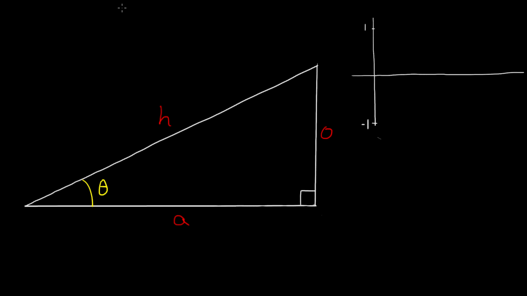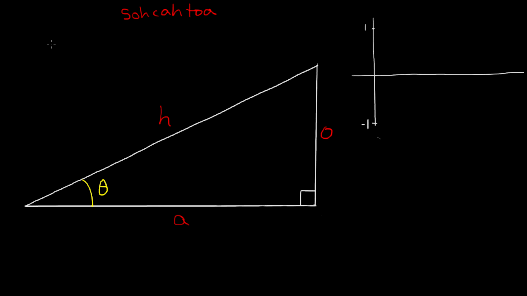Now you may remember hearing about SOHCAHTOA. It's a way to remember how to find the sine of this angle if you know these other things, or the cosine of the angle, or the tangent. So let me show you what I mean.